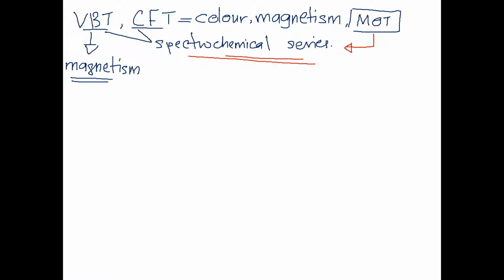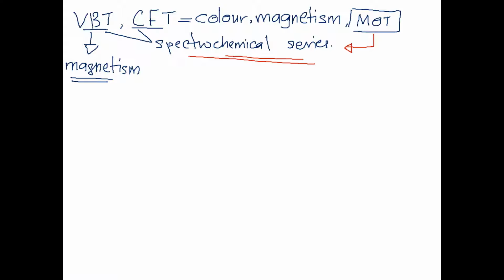So as you can see here, each theory overcomes the disadvantages of the other theories. For example, the CFT overcomes the variety of magnetism and the color of the complexes, while the MOT overcomes the spectrochemical series, because this series cannot be explained using VBT and CFT.